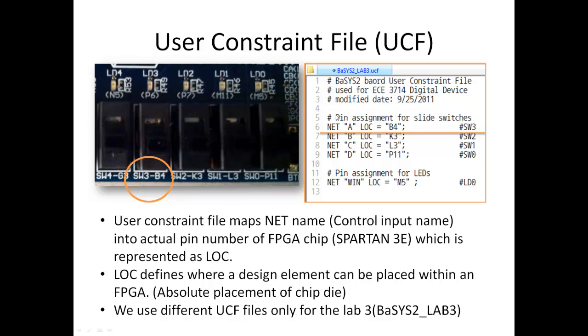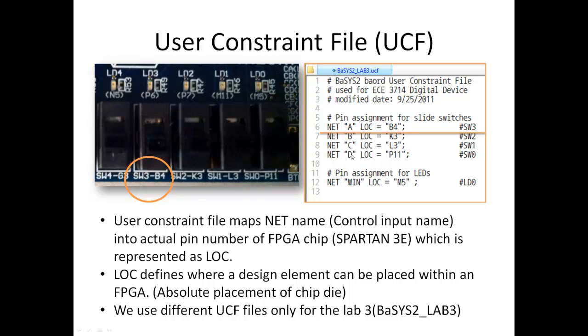For example, switch 3 has the address B4, so it says input A. This is how we are naming it, and the location of input A is B4, which is switch number 3. Similarly, input B location is K3, which is switch number 2.